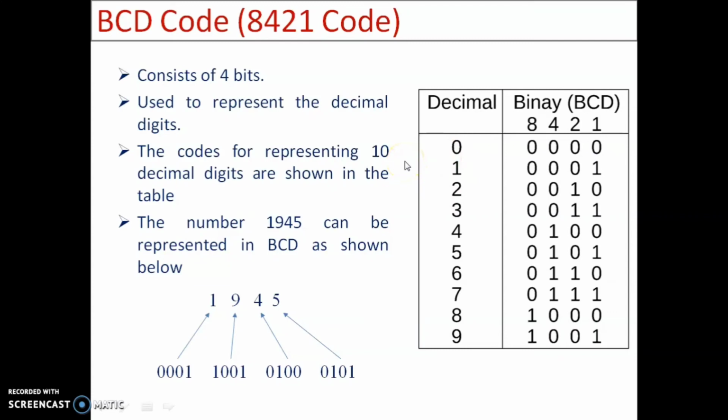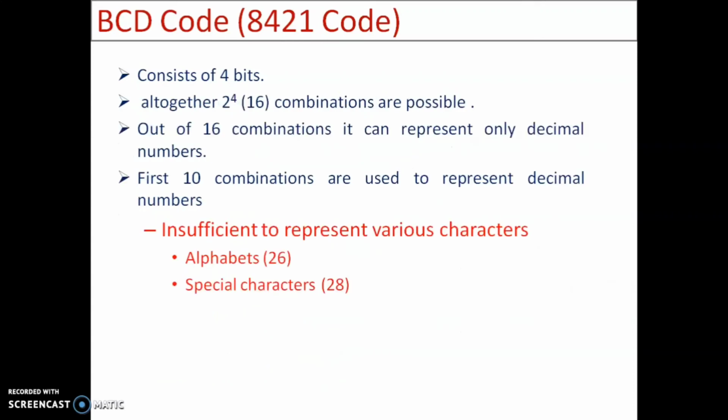It can represent 10 decimal digits only, since it is a 4-bit BCD code. 4-bit means 2 to the power of 4, so 16 combinations are possible from 4-bit BCD.